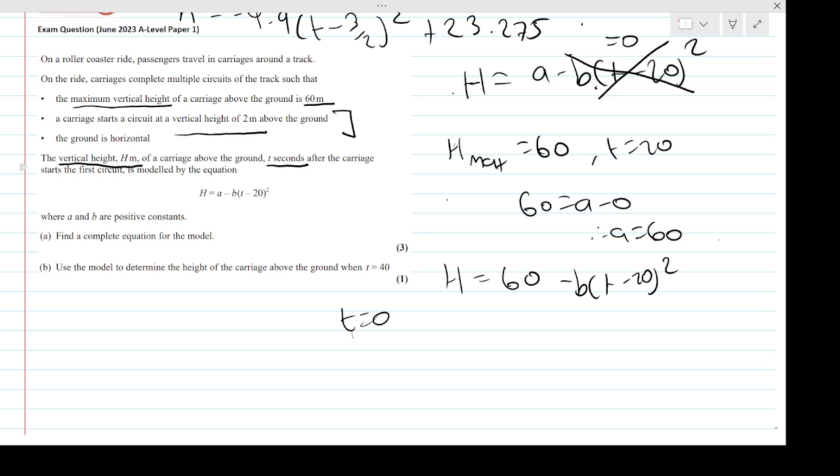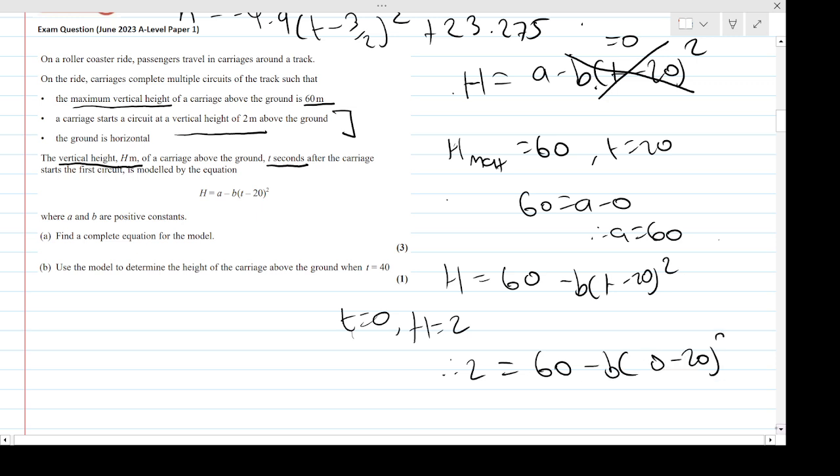With t at 0, the carriage is at a vertical height of 2, so h is 2. We can simply substitute these values into this formula, so 2 is going to equal 60 minus b lots of 0 minus 20 squared.